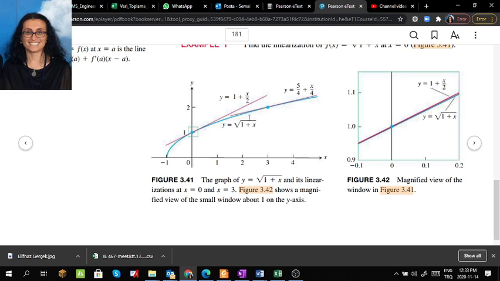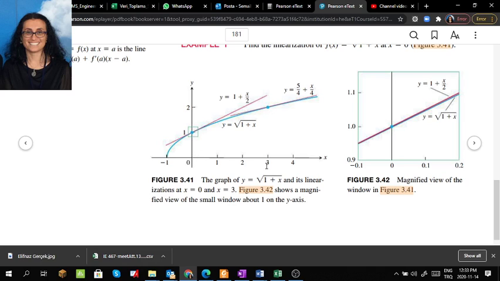Instead of using the square root function, we just use the linear function, because the values around 0 almost coincide. This is the tangent line, this is the original function, and the y values are very close to each other. That's why we use the linear approximation of this function around the point 0.